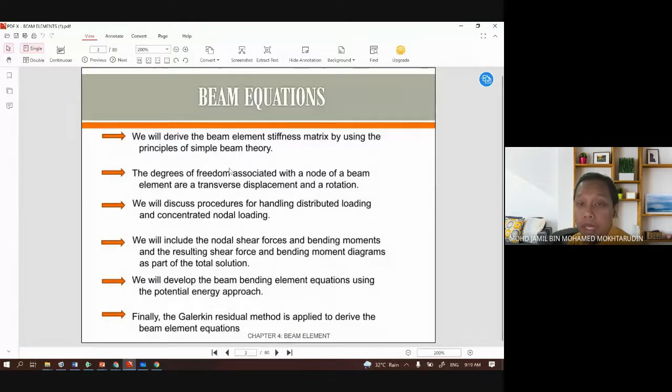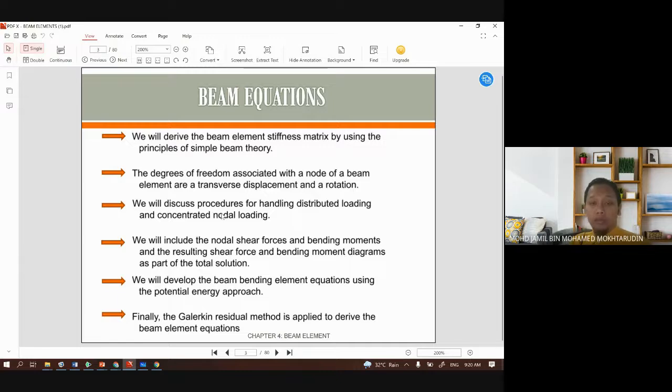For a beam element, the degrees of freedom are not only the displacement but also the rotation of each node. Different from truss, where we have displacement only, split into x and y direction. But in this lecture we only focus on displacement in one direction.